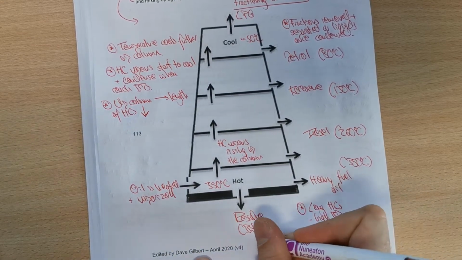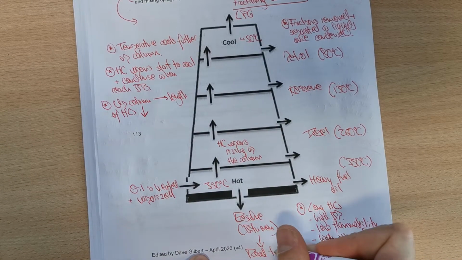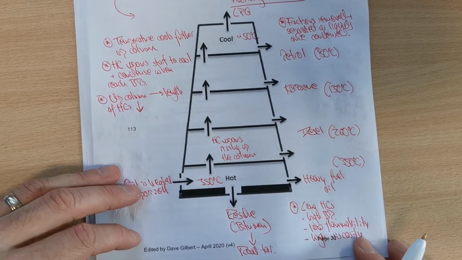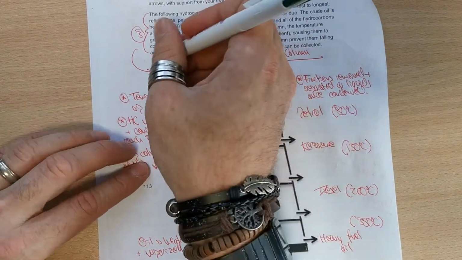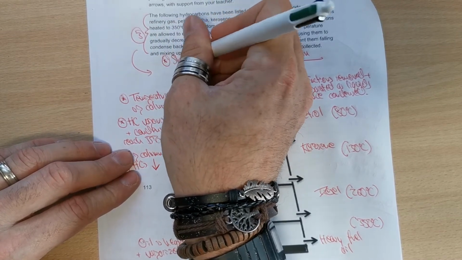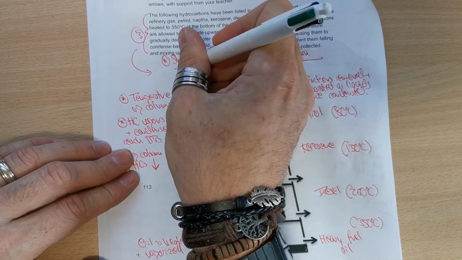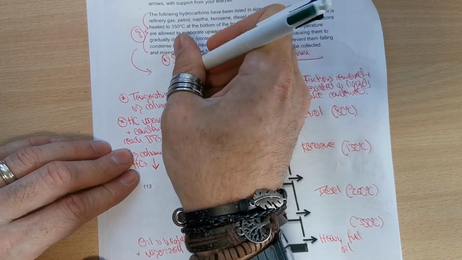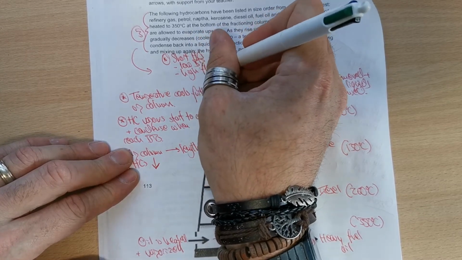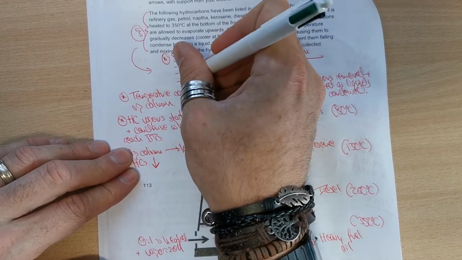So, for example, bitumen is used to make road tar. And if you've ever seen a road being laid, you know how thick and sticky tar is when it's first put down. Whereas up the top, you have short hydrocarbons, and these have a low boiling point, high flammability, and a low viscosity.